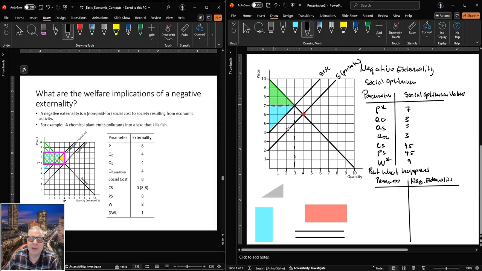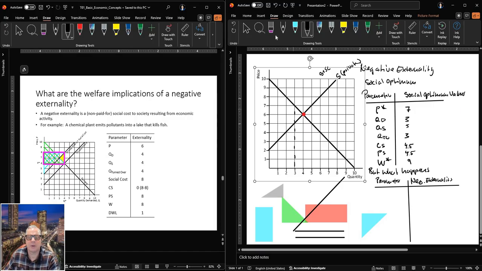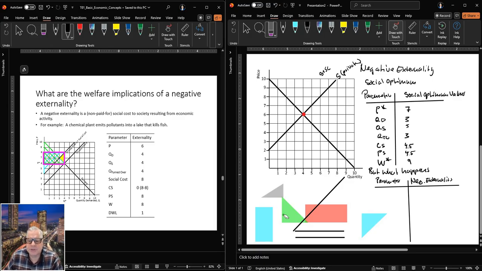Because the chemical plant is not being held accountable for anything, it doesn't face any social cost. So this is the equilibrium. Now consumer surplus is this area here.